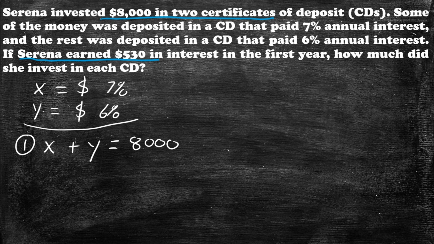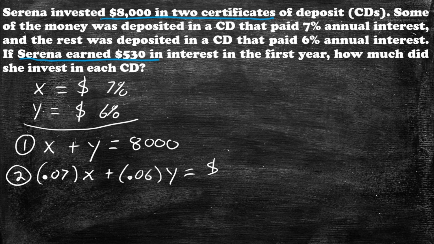So for equation number 2, we know that 7%, 0.07, of the initial deposit in that account, which is X, plus 6%, 0.06, of the initial deposit in that account, which is Y, is going to give us $530.